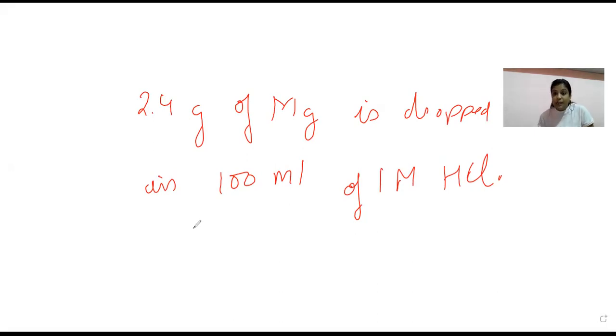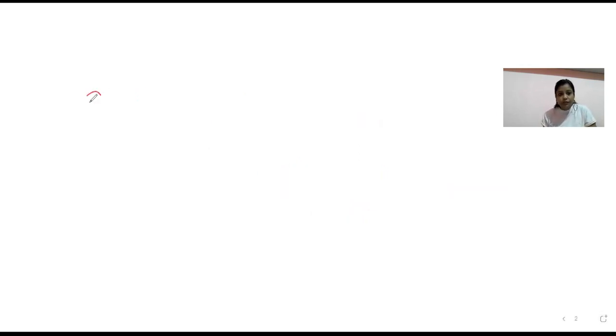So we have to calculate the limiting reagent, the magnesium left, and the hydrogen produced also. Then only we can choose the wrong statement. So let us solve this. Solution. Very first we need a balanced equation from the problem.